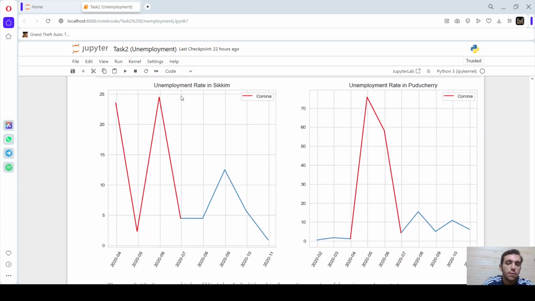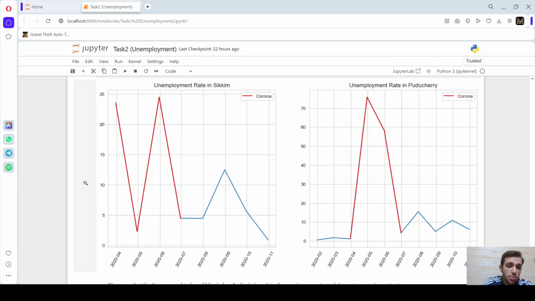And so here are plots for the unemployment rate change in Sikkim and Puducherry. So the reason why I did it in Sikkim is to show you why we got a negative rate, and this is the lockdown period here in red, and the blue is the period before and after lockdown.